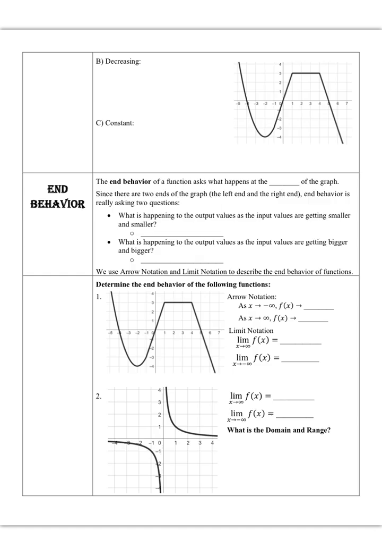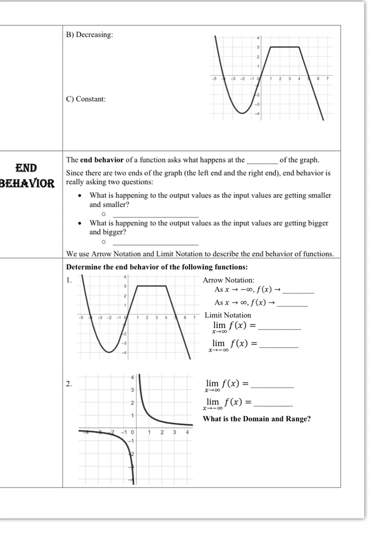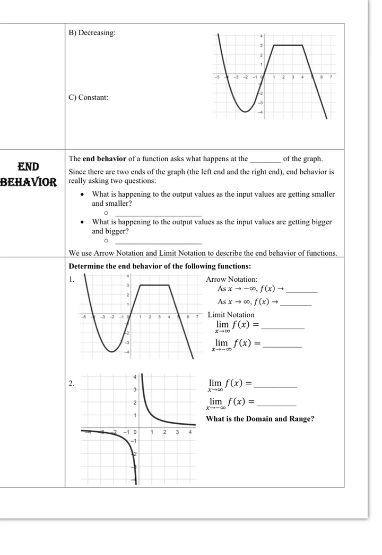Then we have end behavior. So end behavior asks what happens at the ends of the graph. There are two ends of the graph, the left and the right. End behavior is asking what happens to the output values. So we're looking at y values as the input values are getting smaller. Okay?